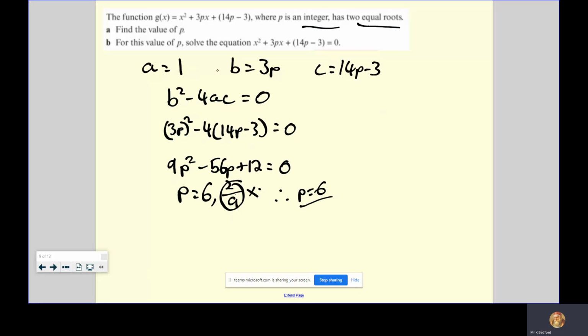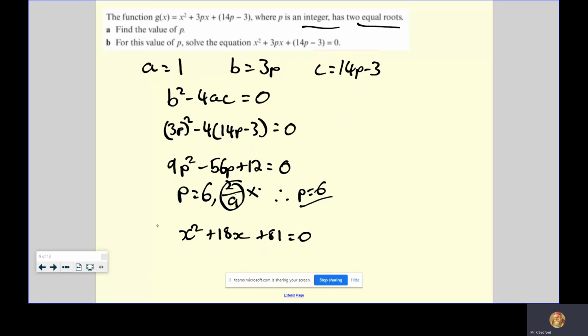Part B, for this value of p, solve the equation. Well, I'm just going to substitute it back in. So I've got x squared plus 3p, which is 18x, plus 14 times 6, take away 3, which is 81, equals 0.